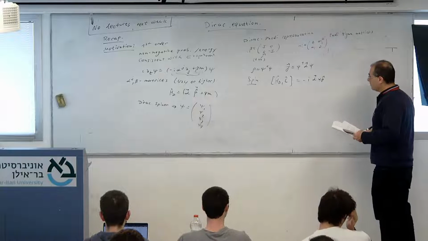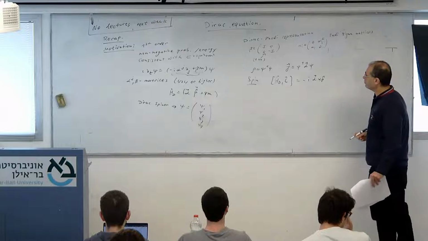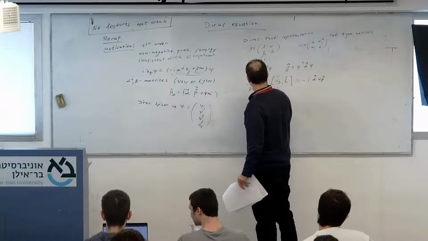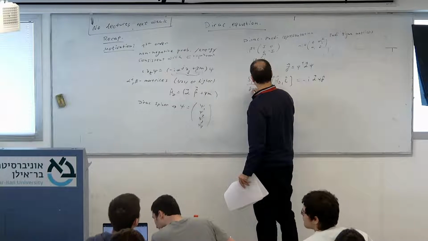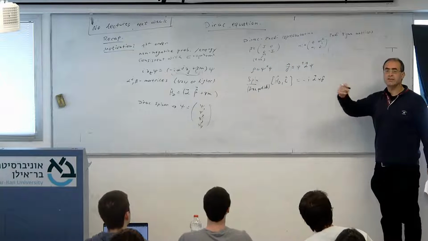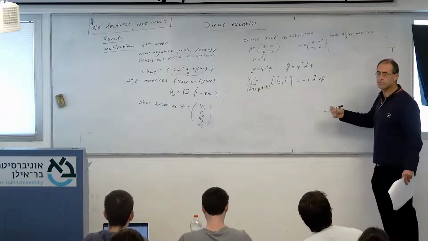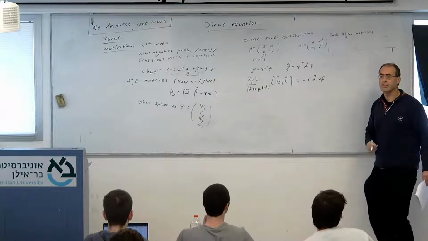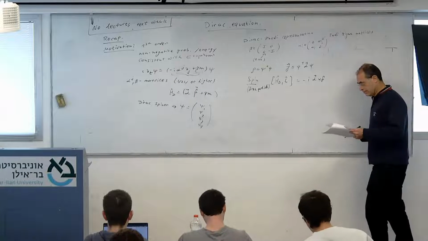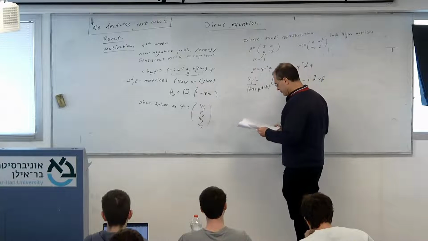And then I said, okay, but how can it be for a free particle? So this is a free particle. So that means that there is an additional angular momentum component which is intrinsic to the particle. We show that by defining the sigma matrices.